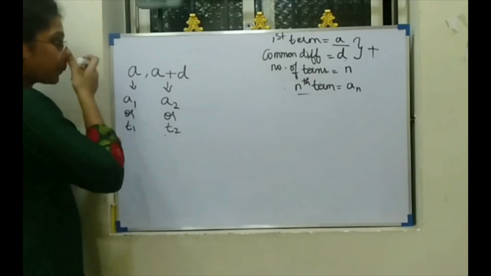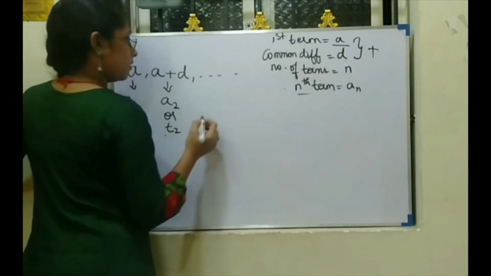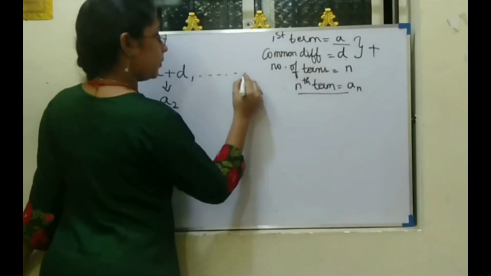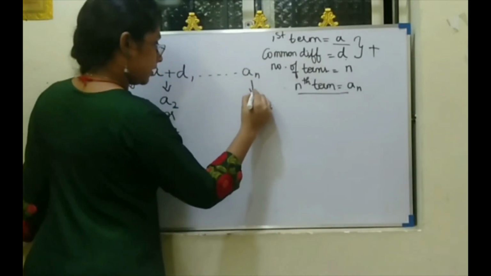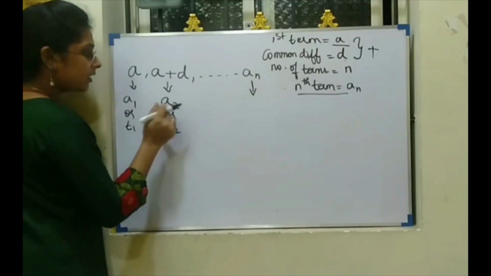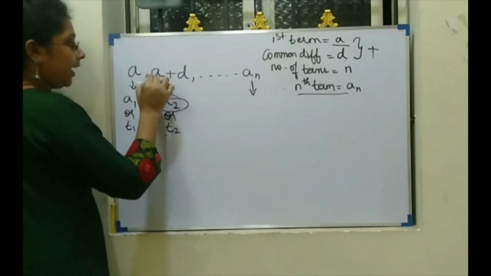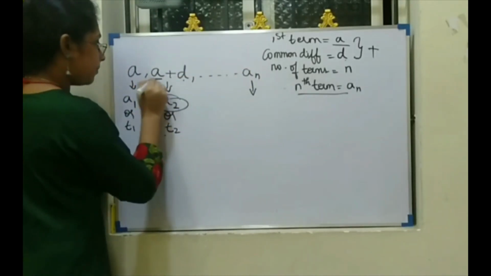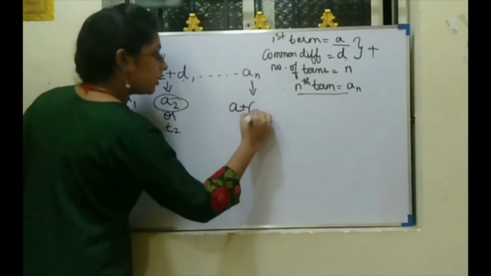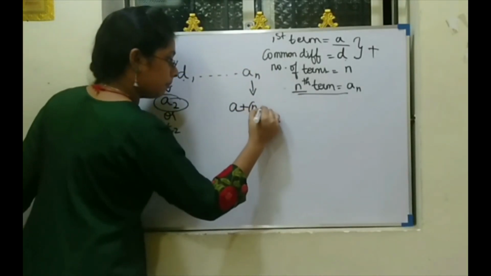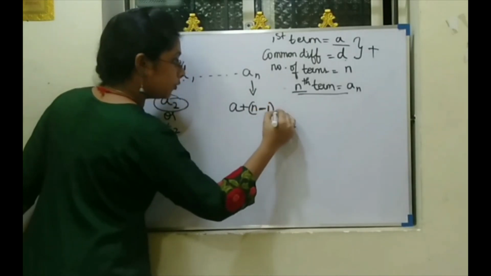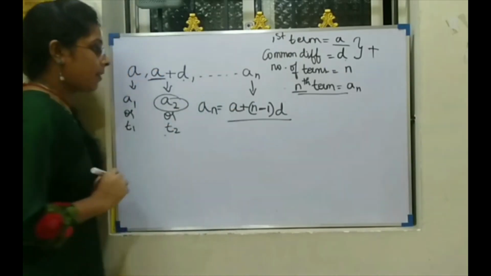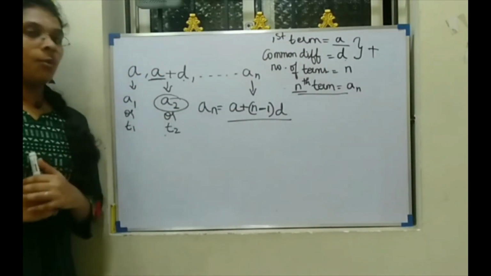It goes on like that. What is the last term? The nth term would be your AN. If my second term is A plus D, then my nth term is A plus the total number of terms minus 1 into the common difference. This is how the value of AN can be found. This is the general form of an AP.